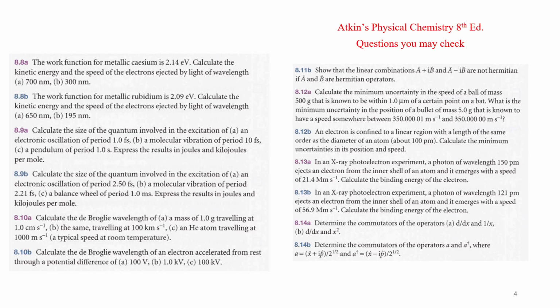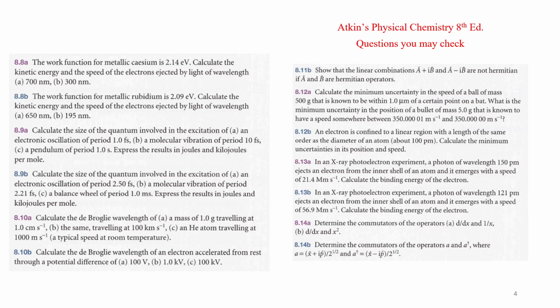If the frequency is decreasing, the energy is also decreasing. So a balance wheel of period 1 millisecond will have lesser energy than that of an electronic oscillation with 2.5 femtoseconds.